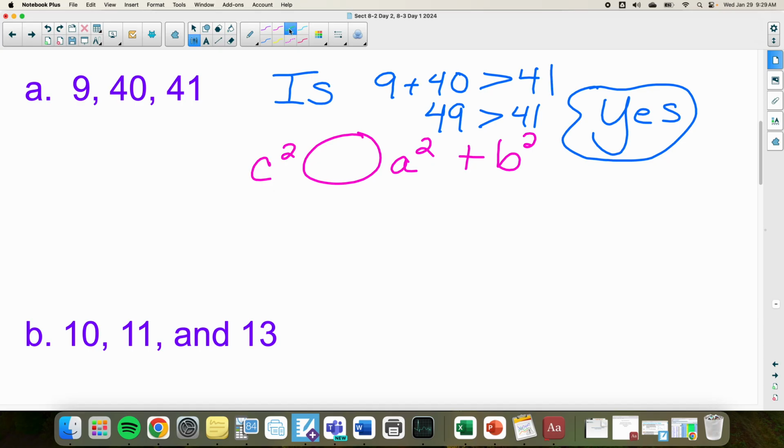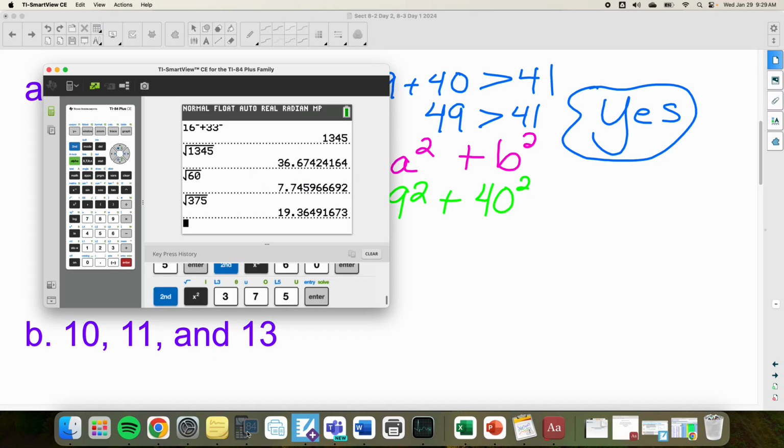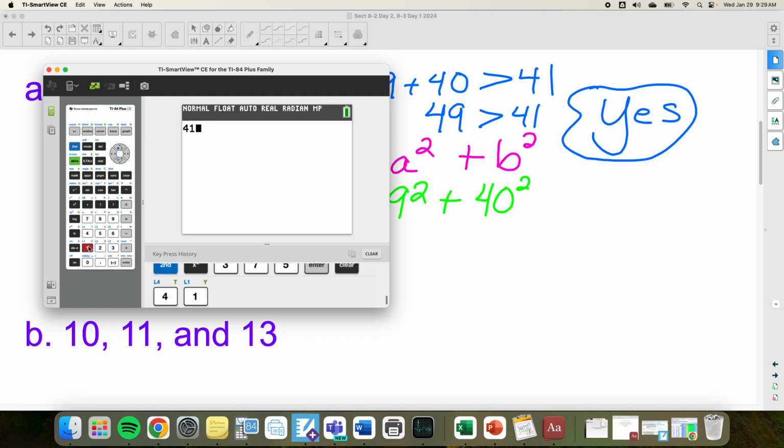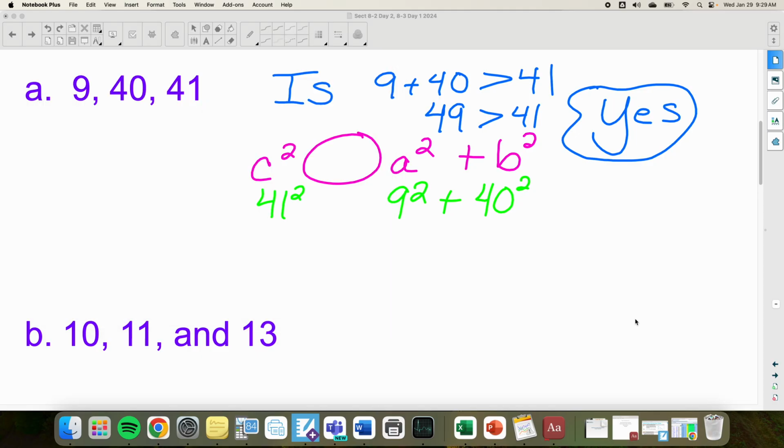C is always my biggest side, okay? So c is 41 squared, a squared is 9 squared, and b is 40 squared, okay? Now, 41 squared is 1681, and 9 squared plus 40 squared is also 1681.